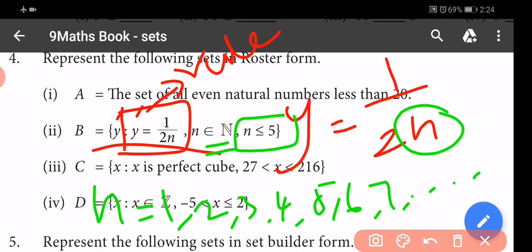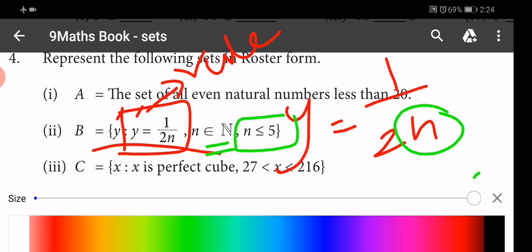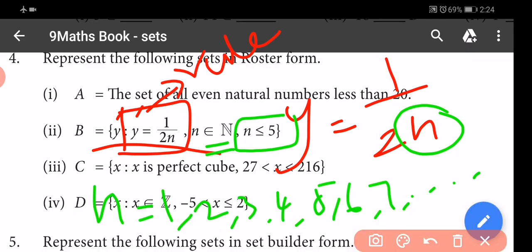So n less than or equal to 5 means we take n equal to 1, 2, 3, 4 and 5 only. Less than or equal to means n is equal to 5 or n is less than 5.